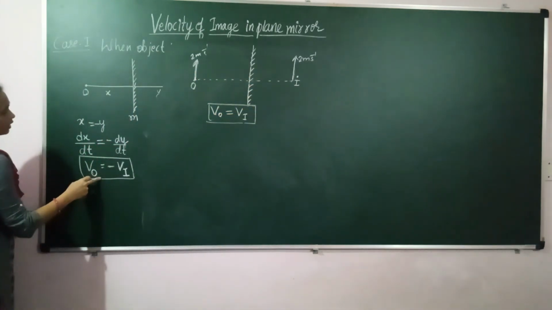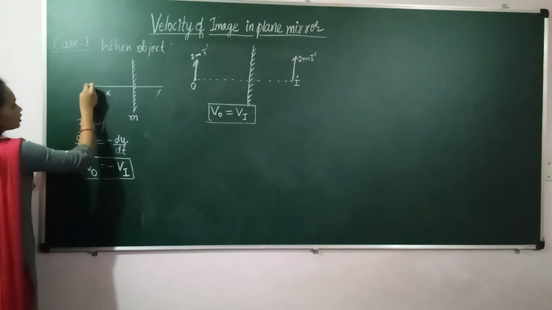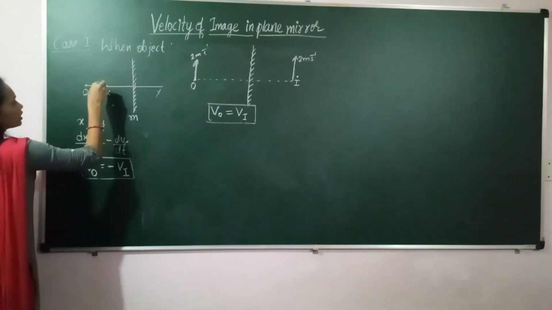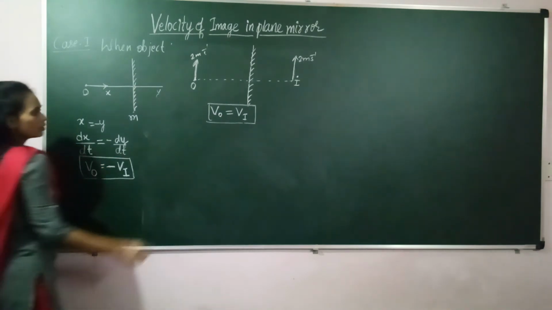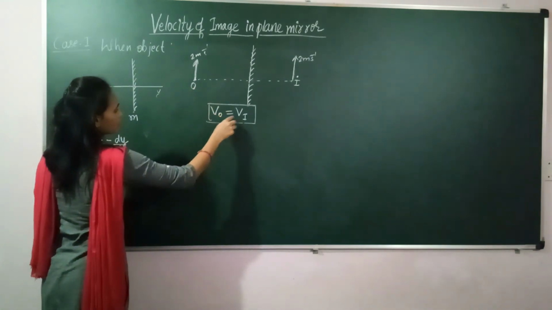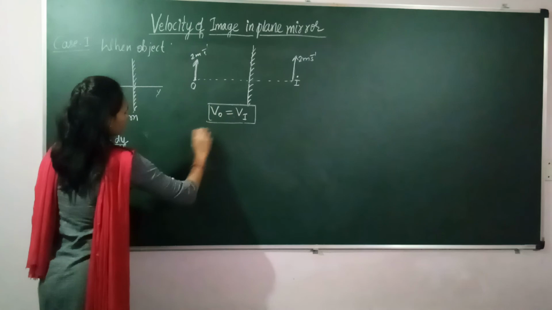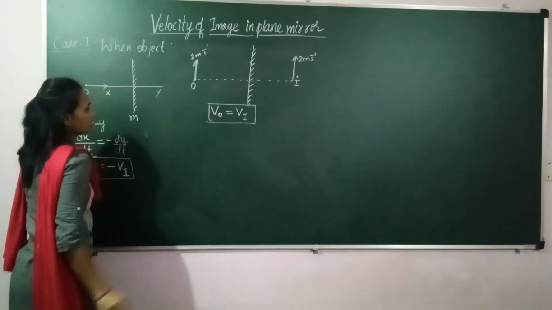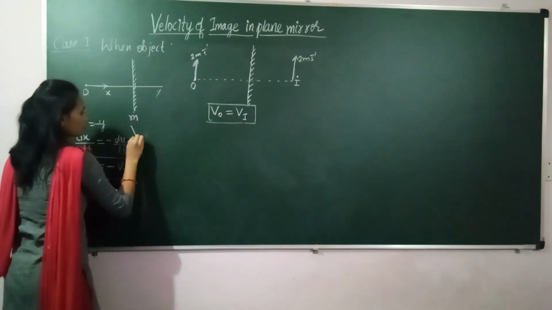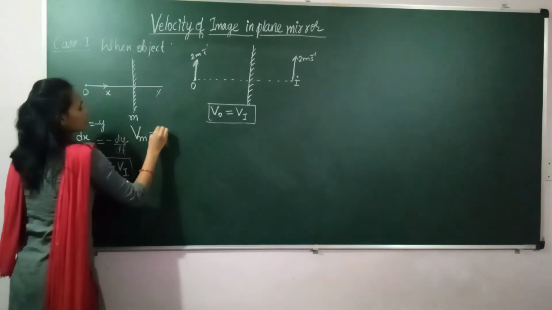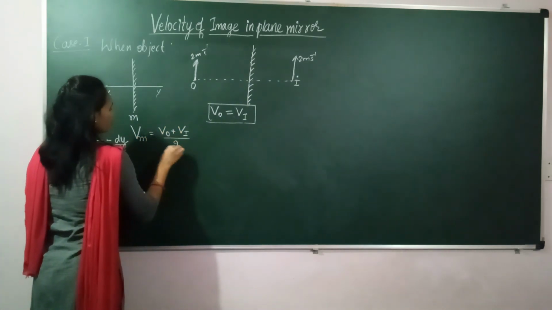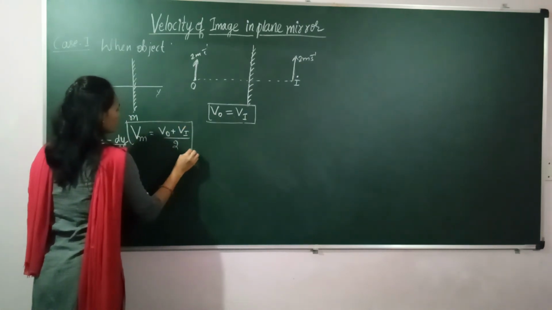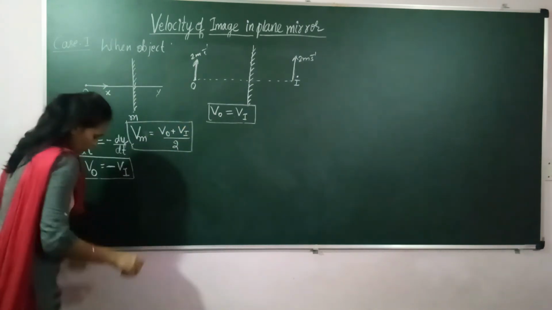The earlier formula is used when the object is moving perpendicular to the mirror. When it is perpendicular we will take the negative sign, when the object is moving parallel we will take it as positive. So these are the two relations, and if the mirror is also moving we will take velocity of mirror equal to velocity of object plus velocity of image divided by 2. So these are the three formulas we are using in these cases.